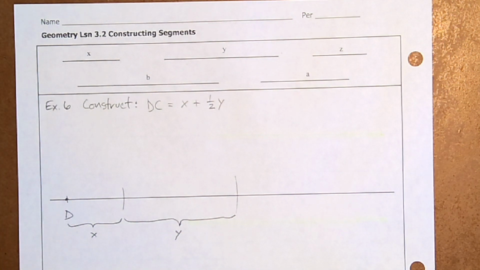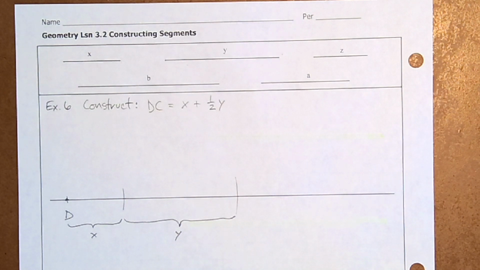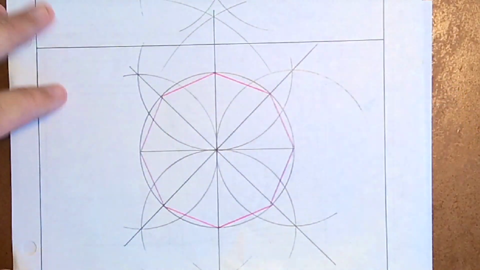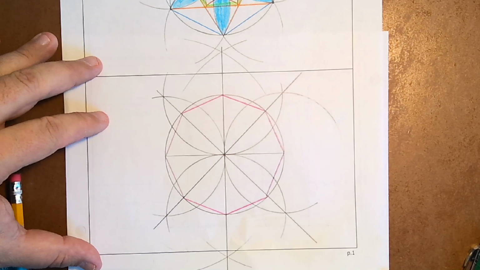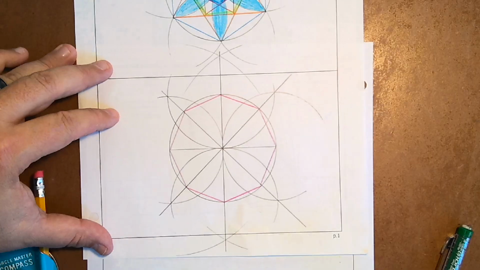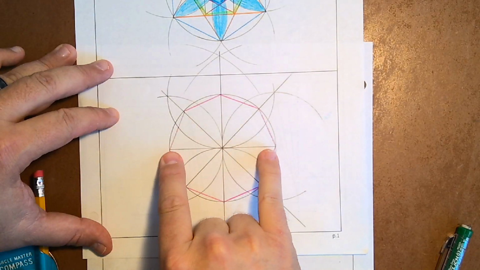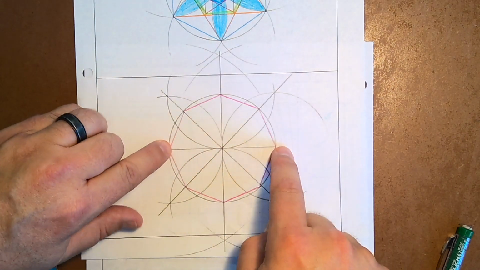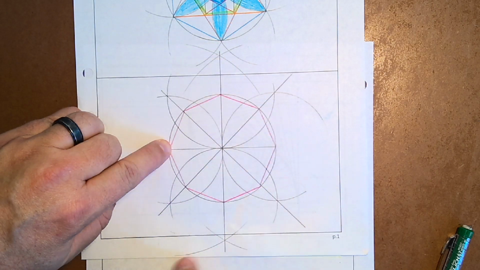Now, if you recall the octagon construction from yesterday, let me just show you. So let's go back to the octagon construction, which is the bottom one from yesterday. If you recall, we started with an 8 centimeter line segment. And then we took our compasses and we arced above and we arced below.